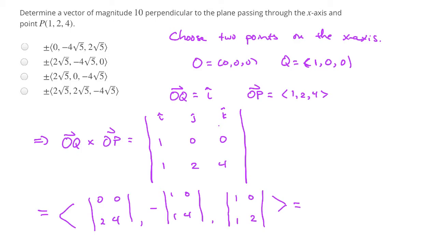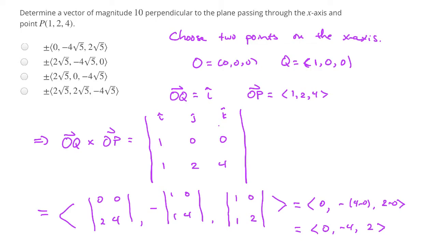Computing these determinants, we have 0 minus 0 for the first one, negative of 4 minus 0 for the second one, and finally for the third one, 2 minus 0. So our cross product is (0, -4, 2).